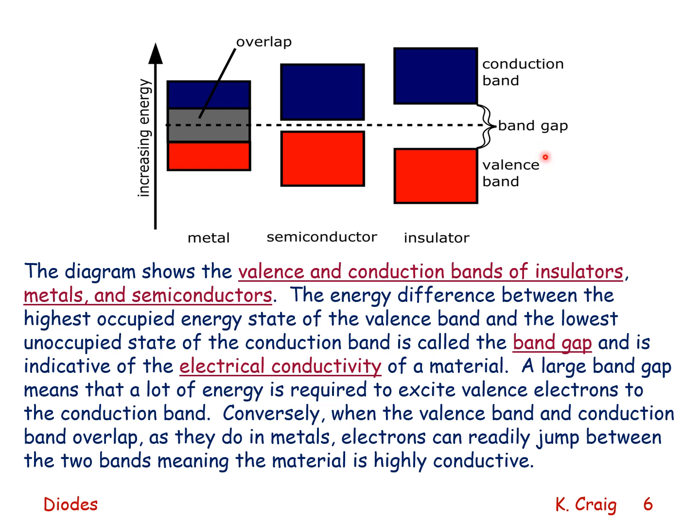A large band gap means that a lot of energy is required to excite valence electrons to the conduction band. Conversely, when the valence band and conduction band overlap, as they do in metals, electrons can readily jump between the two bands, meaning the material is highly conductive. And we see the semiconductor is in between the metal and the insulator in this diagram, showing the valence band and conduction band and the band gap.